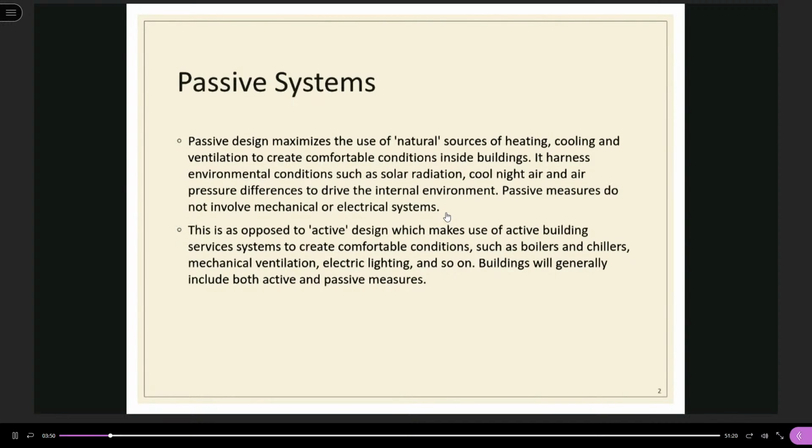This is opposed to active design, which makes use of active building services systems to create comfortable conditions, such as boilers, chillers, mechanical ventilation, electric lighting, and so on. Buildings will generally include both active and passive measures. In practice, we cannot only rely on the passive system, just like our home.